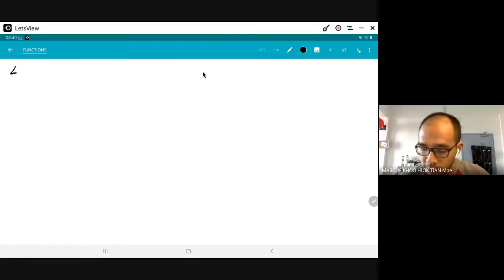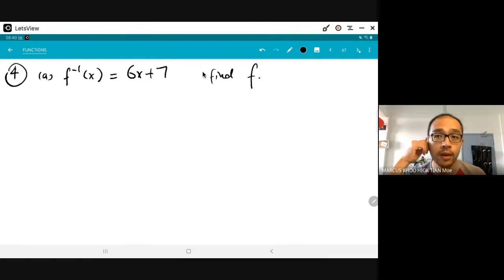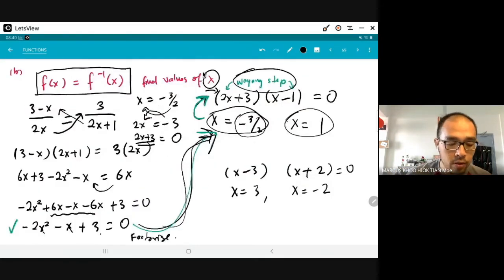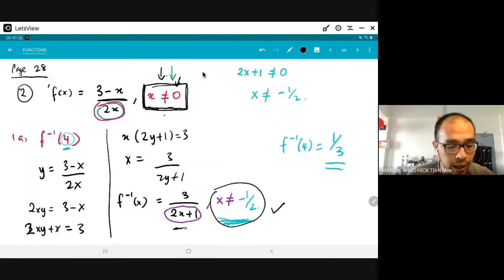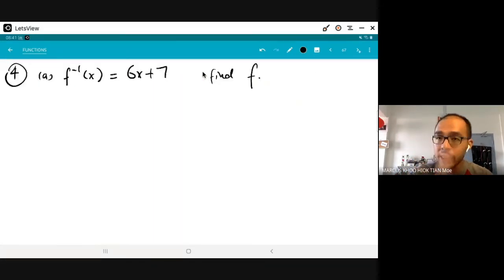Question number 4. You are given the inverse function now. You are given the inverse function and the question is find f. Before this, we were always given f and asked to find the inverse function. I gave you the original function, find the inverse function. Now in this question, I give you the inverse function and ask you to find the original.